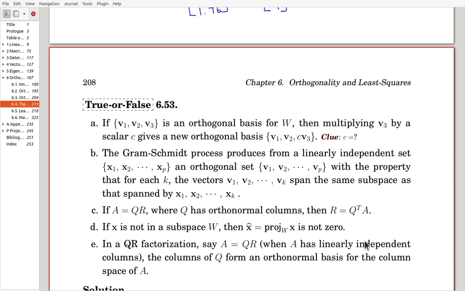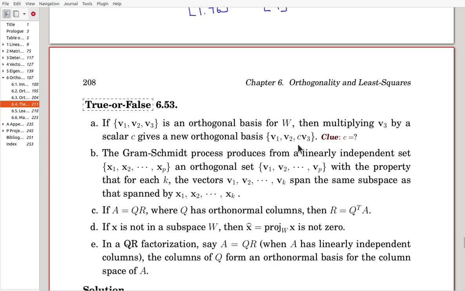Is it true? Even though c is multiplied, the orthogonality is not changing, so we may say that it's a new orthogonal basis.